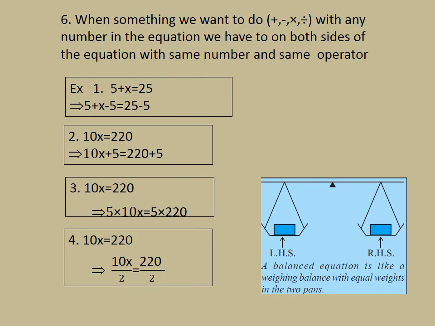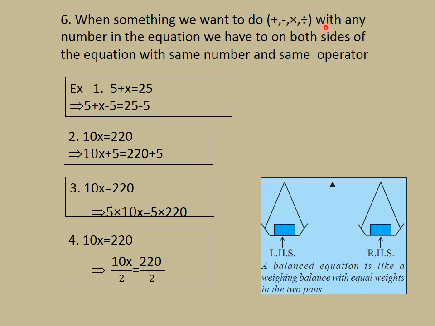Now let us see some more examples. When we want to do plus, minus, into, or divided by with any number in the equation, we have to do it on both sides of the equation with the same number and same operator. This is another thing you are learning.